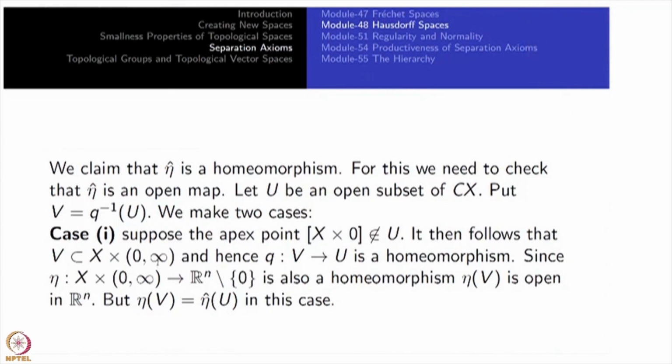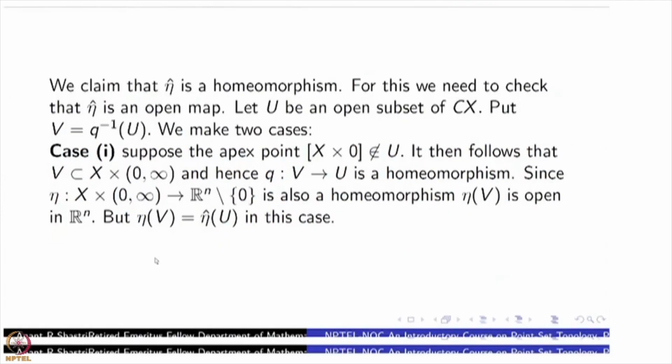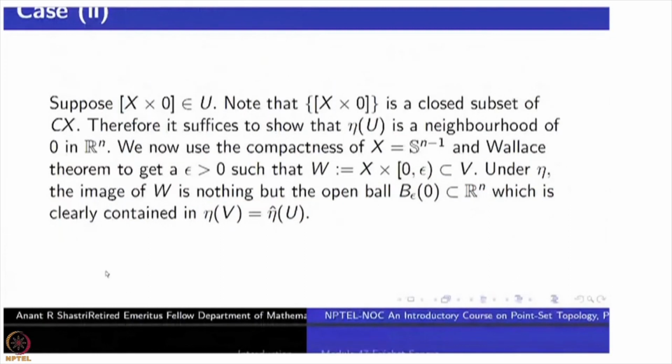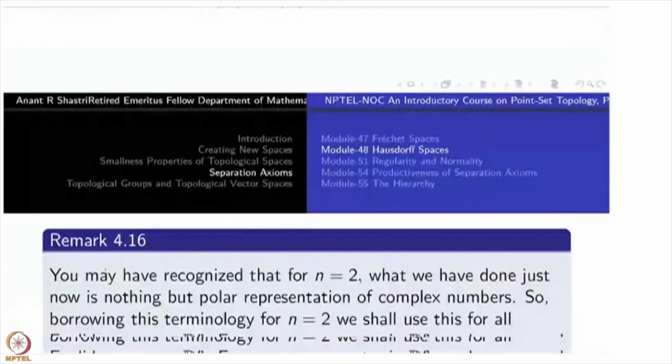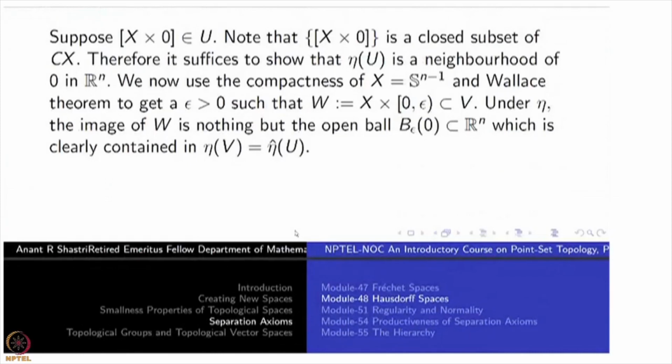The second case is the important case, namely suppose the apex point (x, 0) is inside U. The singleton (x, 0) is a closed subset of Cx, because the rest of it is open. That is easy to see. The inverse image of the singleton is just x cross 0, the entire set.